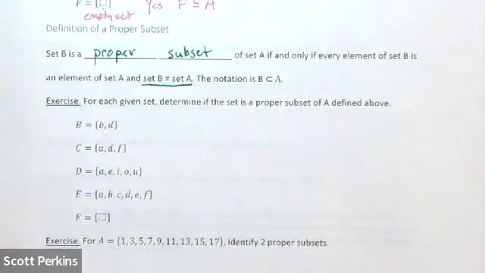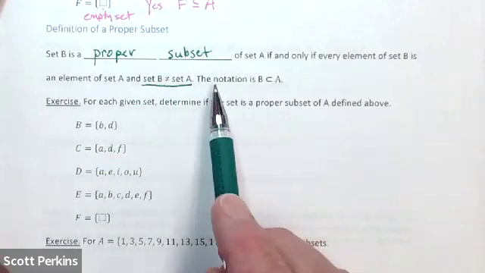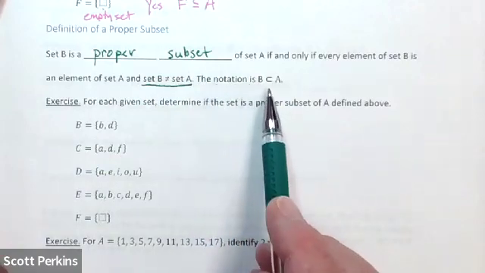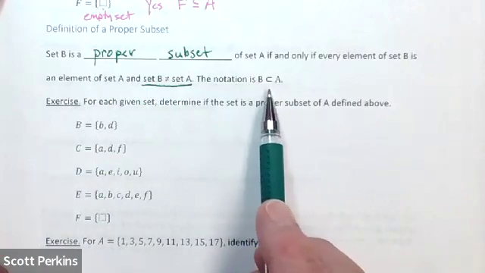That's basically the only subset we eliminate here in a proper subset, is no longer do we care about the equal set. And we notice this in the notation. So the notation for a proper subset, notice on this notation, what's missing here that was included on the notation for a regular subset? The equal bar, right?